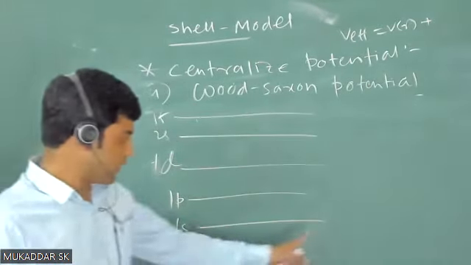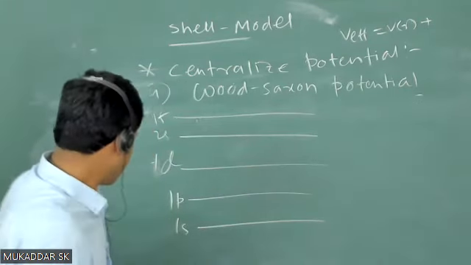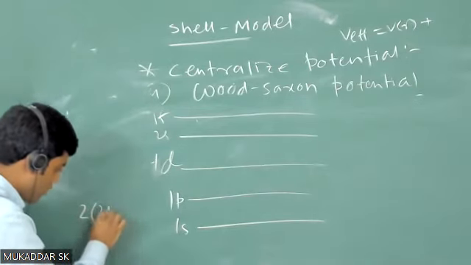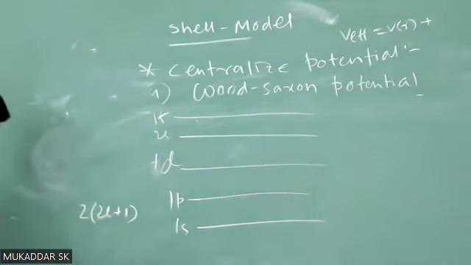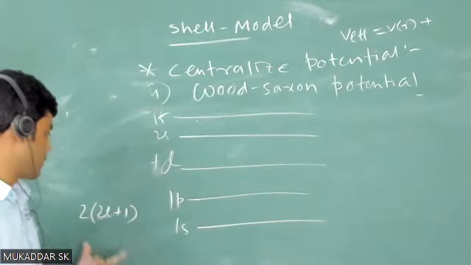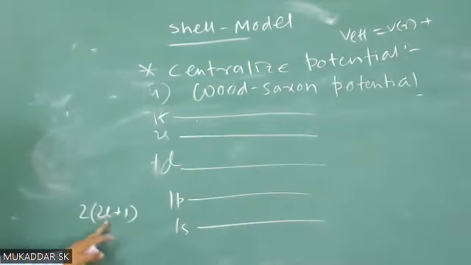Now tell me, how many nucleons can stay in each orbit? That will be 2 into (2L plus 1). That is the degeneracy of each orbit. Here, what is the L value? It is 0, so 2 into 1, that is 2.